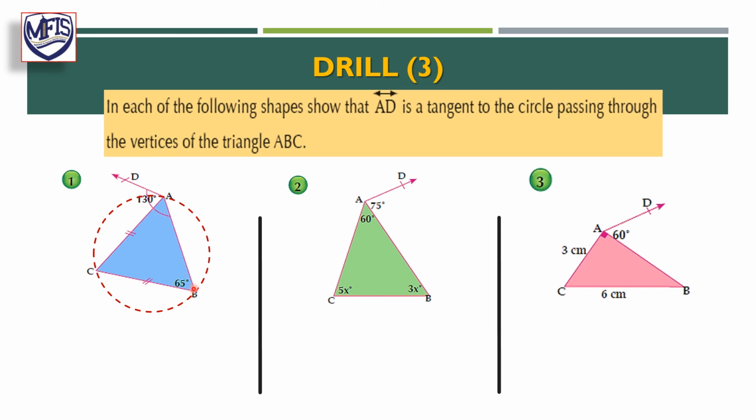The measure angle BAC equals 65. To find measure angle DAC, I will subtract 130 minus 65. Therefore, measure angle DAC equals 65, and also measure angle B equals 65. Therefore, straight line AD is tangent of the circle.